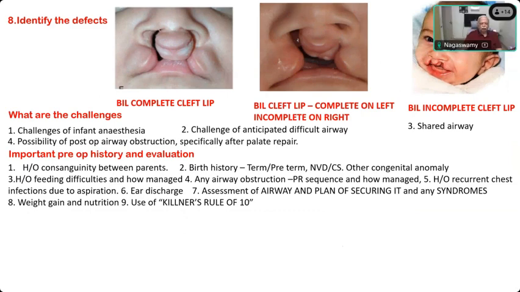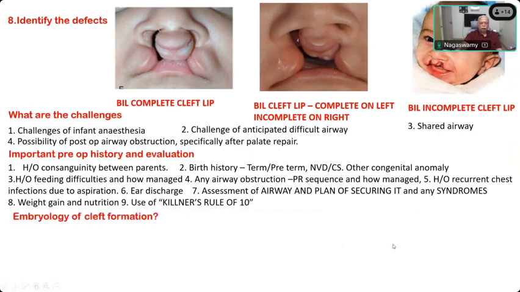These are the 4 tens that you have to remember. Age of the child to be minimum 10 weeks, 2.5 months. Hemoglobin should be minimum 10 grams. And weight of the child should be 10 pounds, which is equal to almost about 4.5 kilos. And the WBC count should be less than 10,000 to indicate that there is no bacterial or active infection in the child because of the LRA.